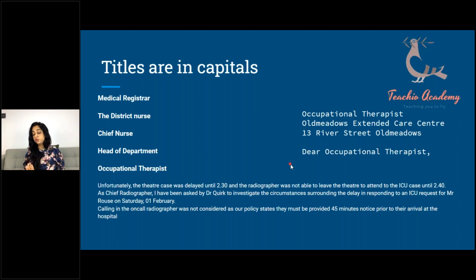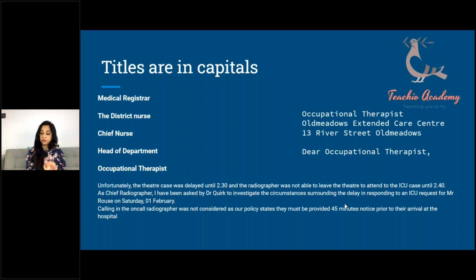If you're referring to a particular occupational therapist, so you're writing the letter to a particular person who holds that designation, then that's again going to be in capital letters. So, Dear Occupational Therapist, notice that the O is capital and the T is capital because you're writing to a particular person who holds that designation.